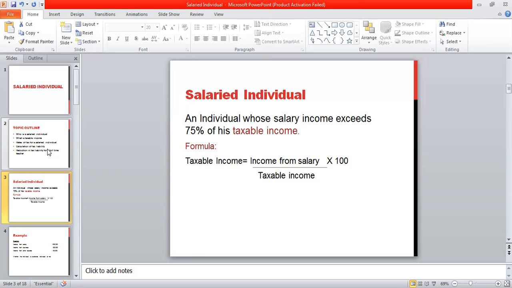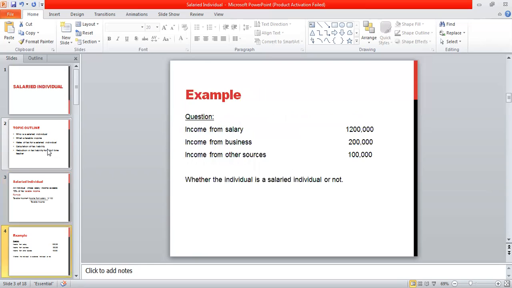Now, I will explain how we can use this formula in a question. Here, the total taxable income is divided into three categories: income from salary, which is 12 lakh, income from business, which is 2 lakh, and income from other sources, 1 lakh. The requirement is whether the individual is a salaried individual or not.